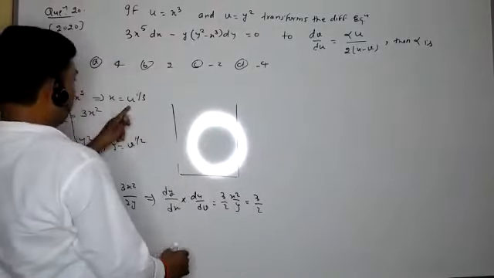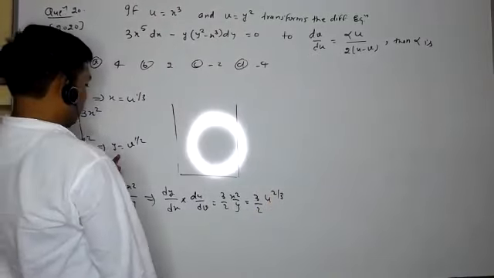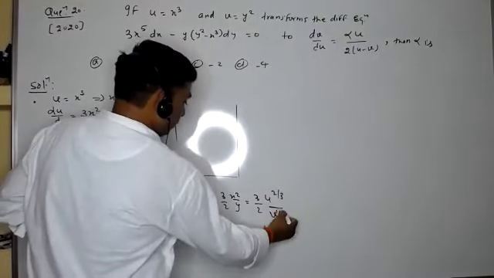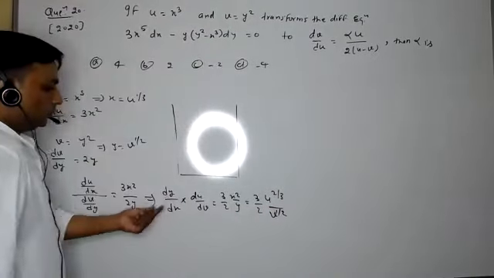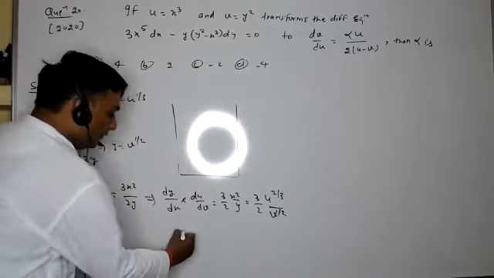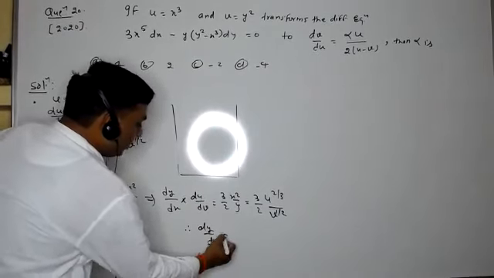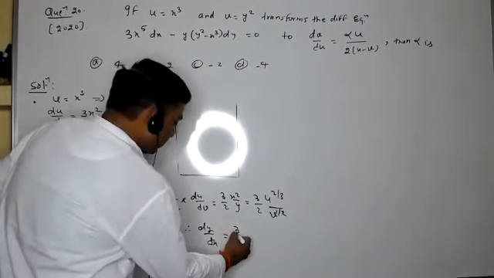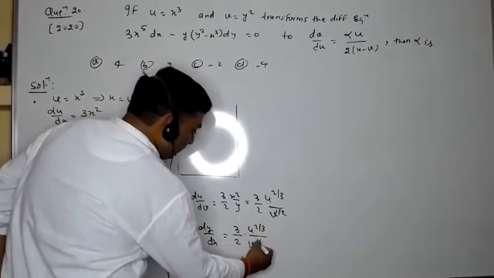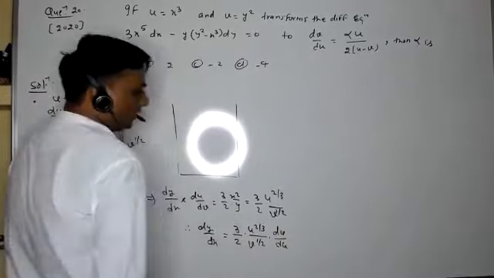So x square will be u to the power 2/3. y will be v to the power 1/2, right? So ultimately you got dy over dx in terms of u and v, my dear fellows, and that will be 3/2 u to the power 2/3, v to the power 1/2, and this will become dv over du.